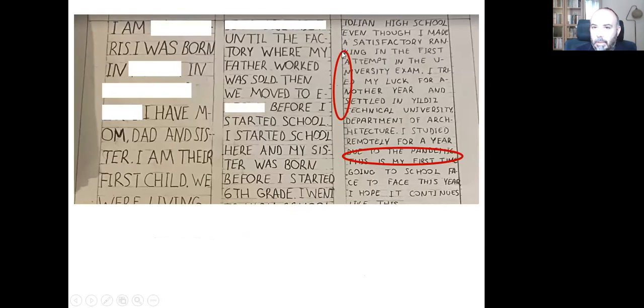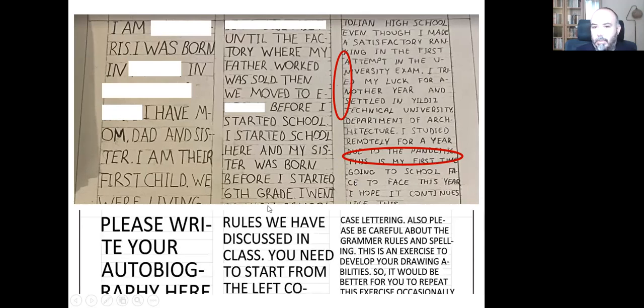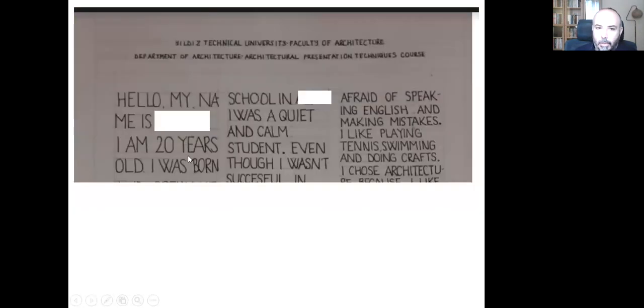There shouldn't be a difference between these two lines because they are both guiding lines. If I cannot see this, if it is barely visible, this should be barely visible as well. And I advise you to try to do as similar as you can to these examples that I shared with you.